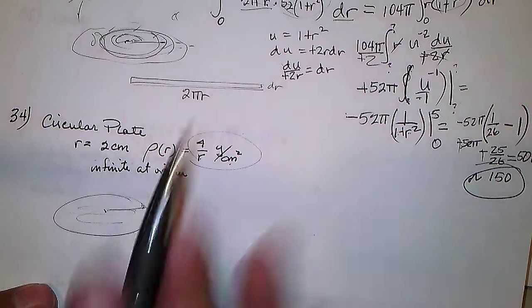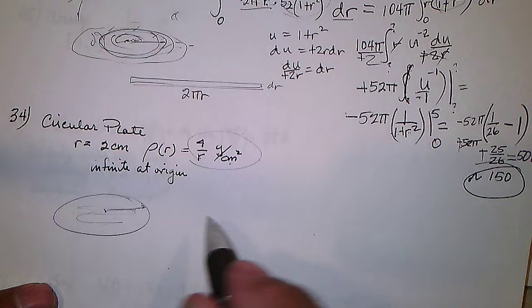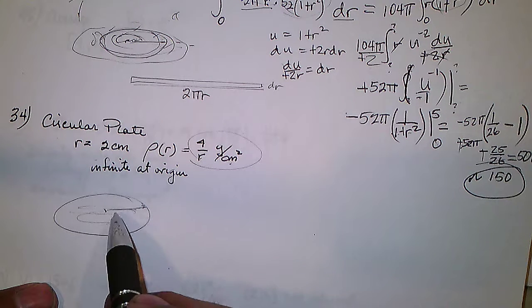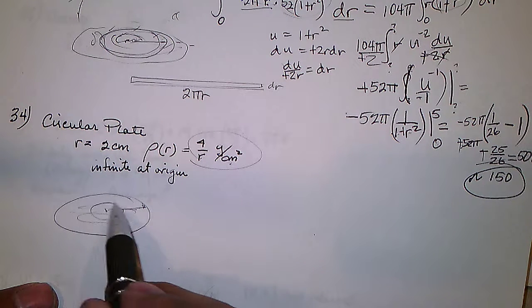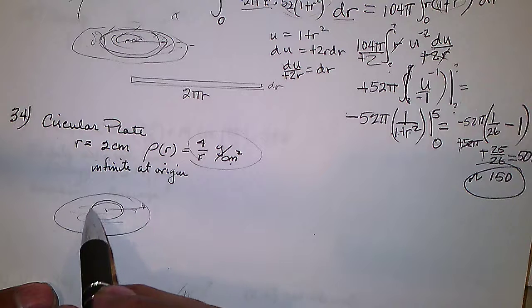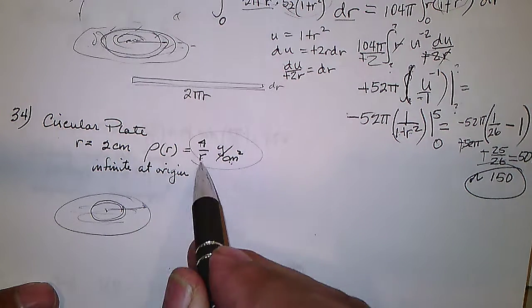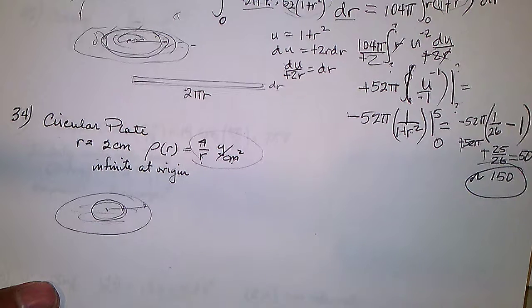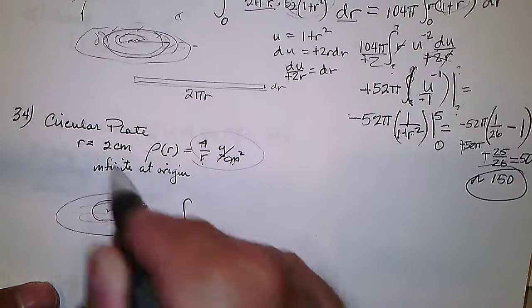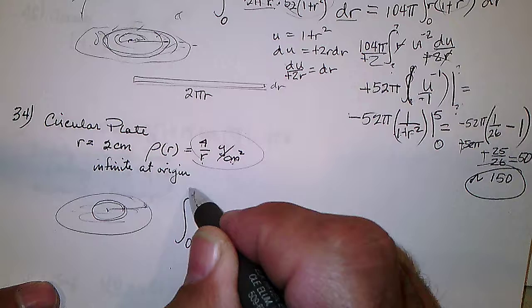We do the same thing as we did before. We find out the area of a ring out here times the density in that ring. So we're going to go from 0 to 2.